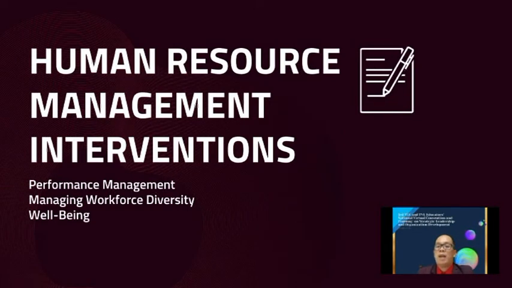These are performance management, and there is, of course, lots of information to be discussed under this, like personnel appraisal and so on. Managing workforce diversity is another intervention, and the well-being, safety and security, health issues is another intervention.